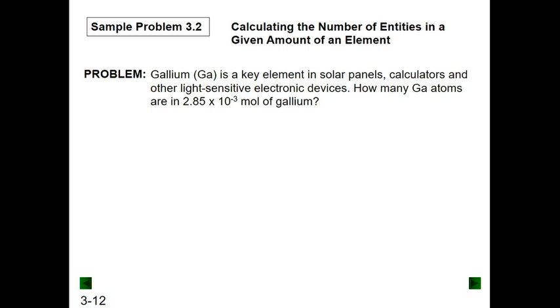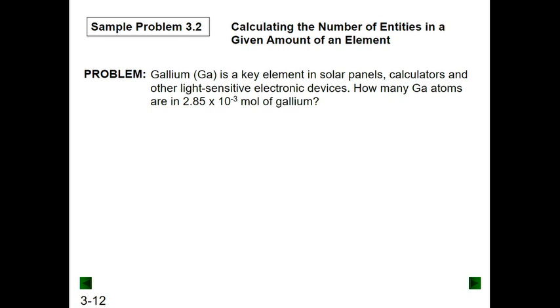So we have 2.85 times 10 to the negative 3 moles of gallium, times 1 mole of gallium contains 6.022 times 10 to the 23rd atoms.